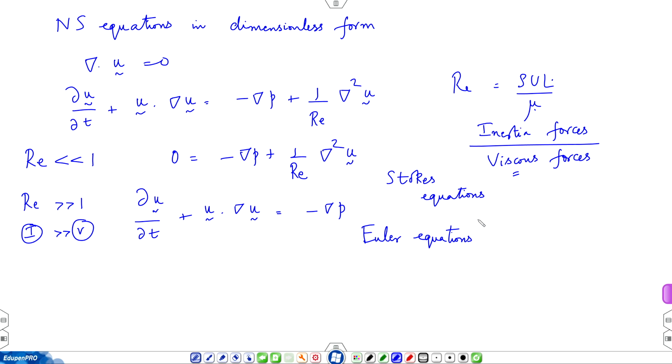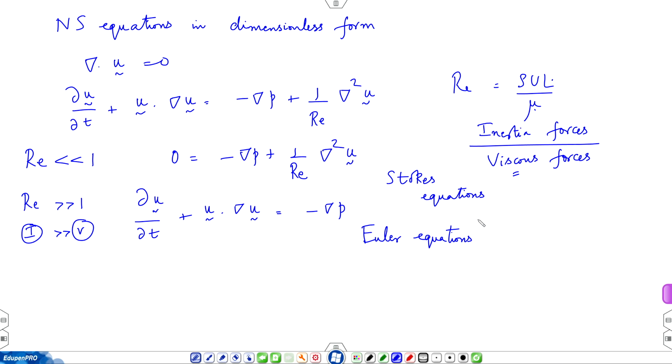Now, we had fully developed flow. In fully developed flow, inertia is identically 0. So, that is what led us to the Stokes equations. We have to distinguish between fully developed flow, where the Reynolds number is not necessarily small, but inertia is 0, and Stokes equations, where we are looking at flow that may be developing.